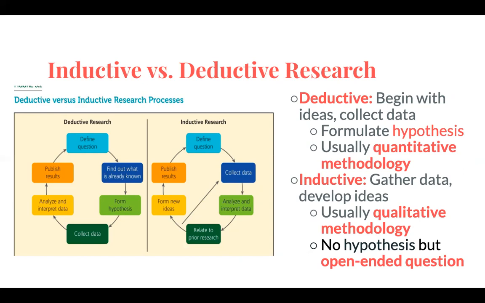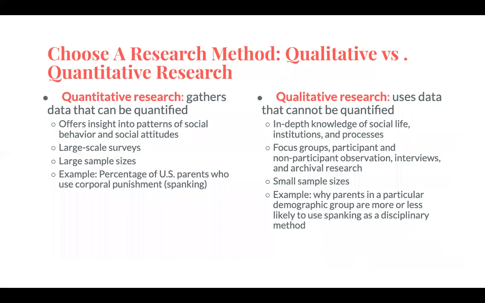Although it doesn't have to be qualitative methodology, oftentimes it is. And because there's no hypothesis, as we discussed in chapter 2, this type of research oftentimes asks open-ended questions. So, although a quantitative design can be deductive or inductive, oftentimes these types of methods are associated with deductive research.